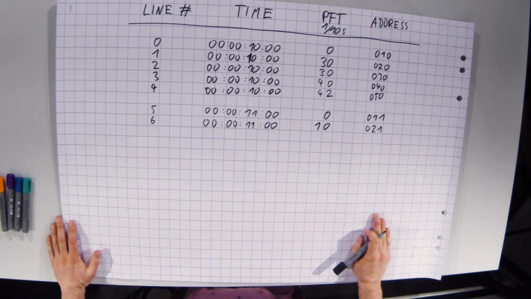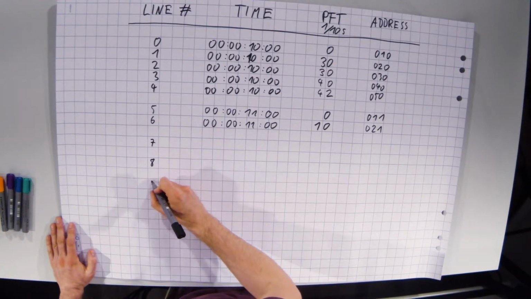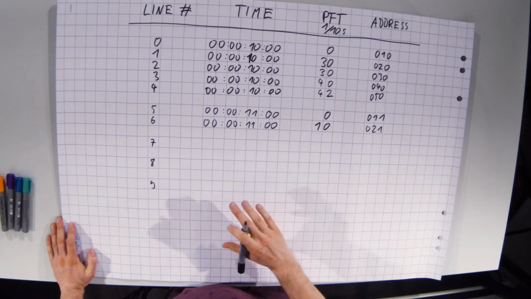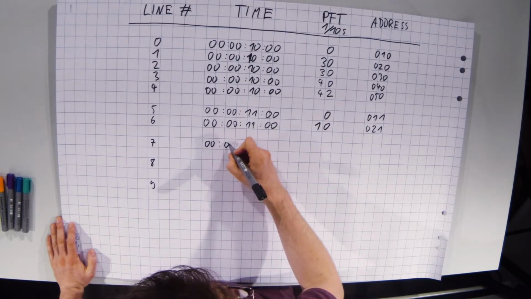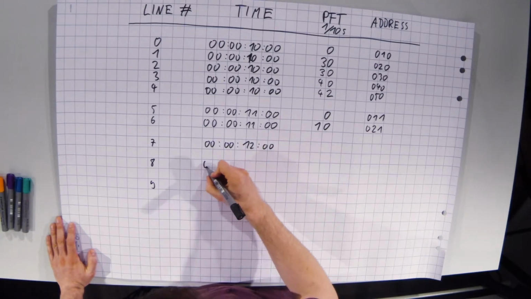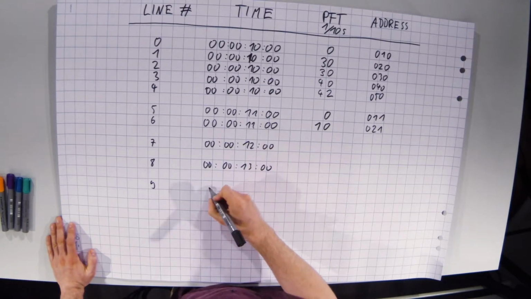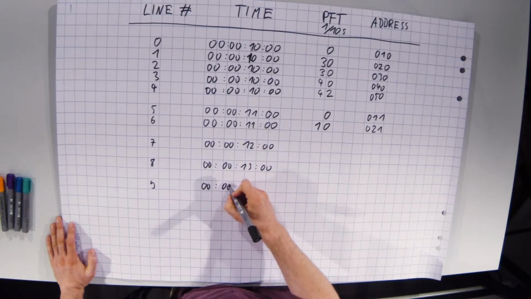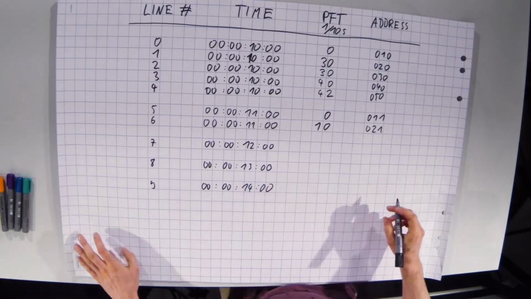Let's have some single shots now. Say we make 3 of them, so 7, 8, 9. And of course those have to get different times. So let's make this 12 seconds, 13 seconds, and 14 seconds.